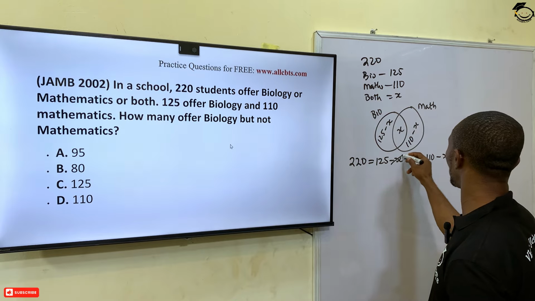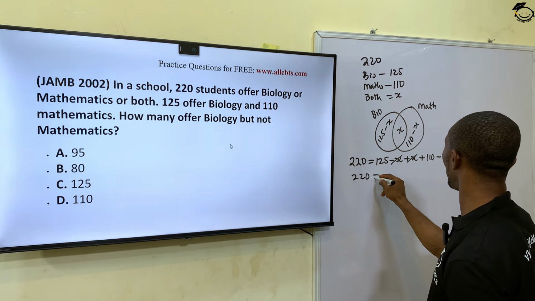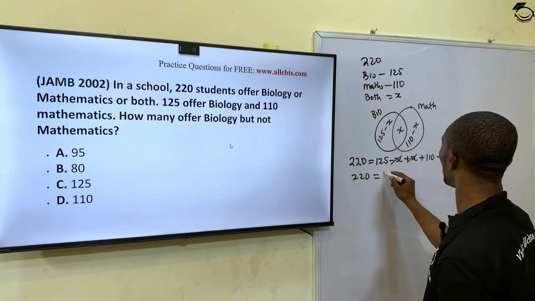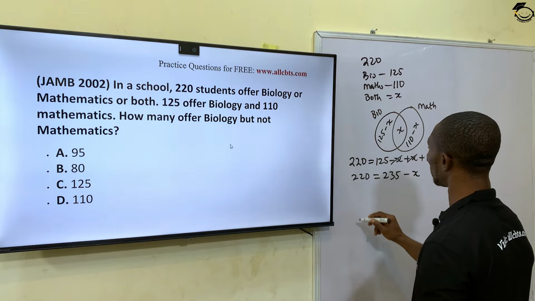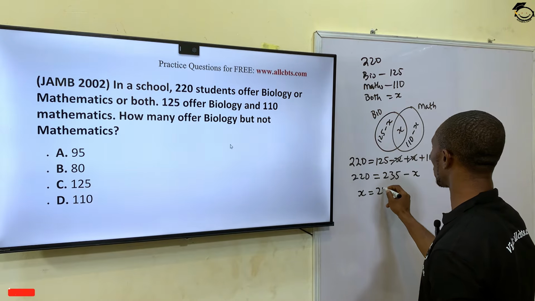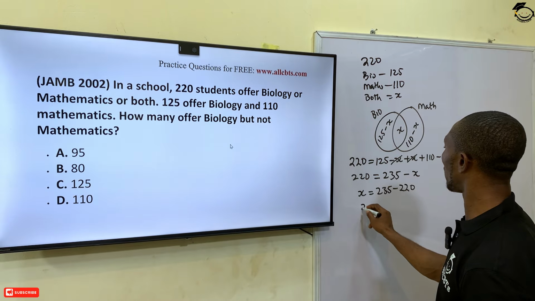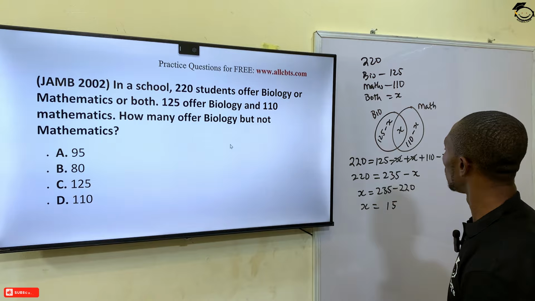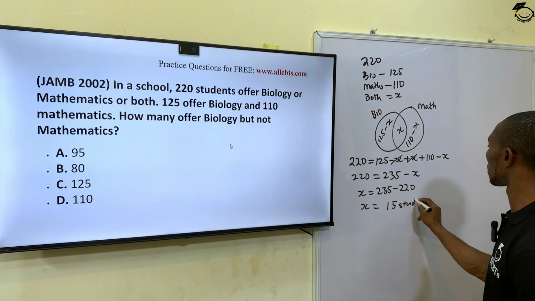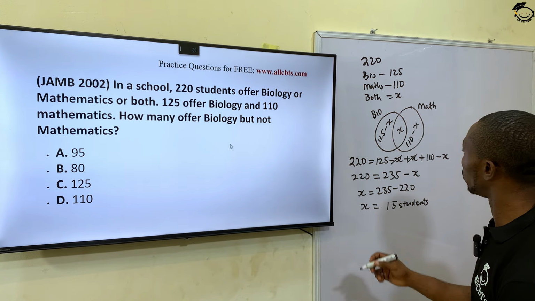All right, this will cancel this, leaving us with 220 equals 235 minus x. So x equals 235 minus 220. So our x will give us 15. So 15 students offer both maths and biology.